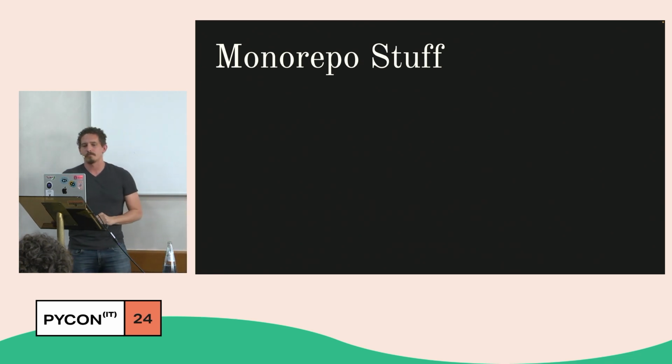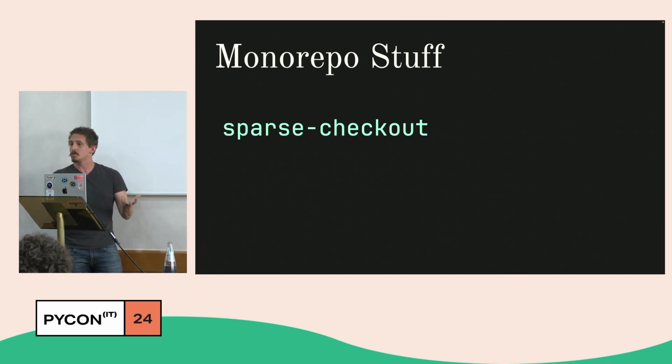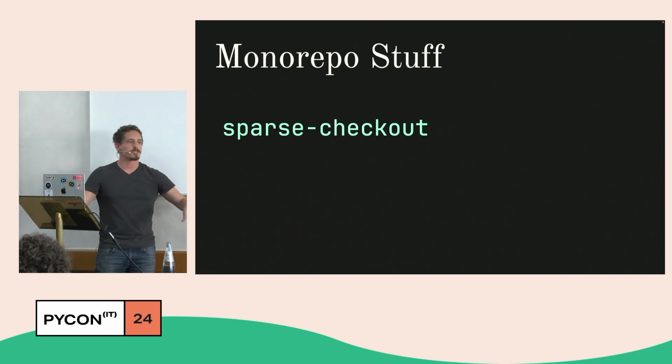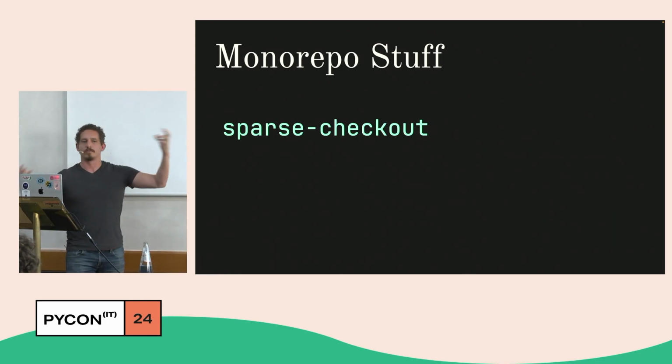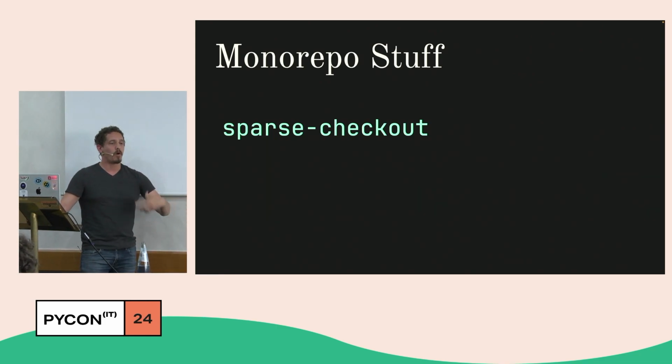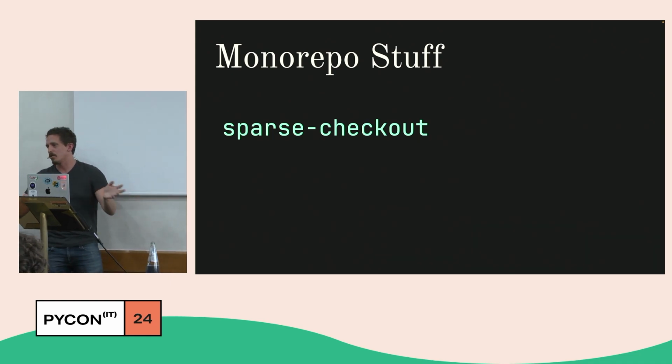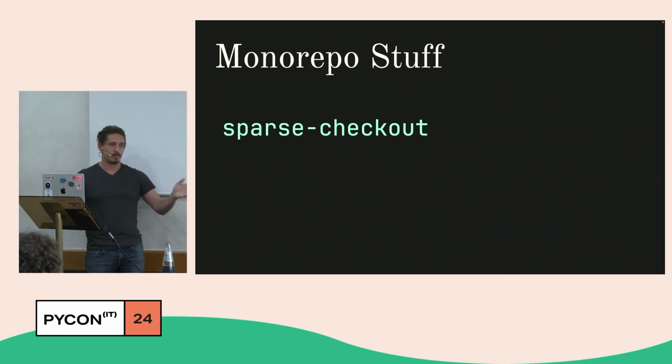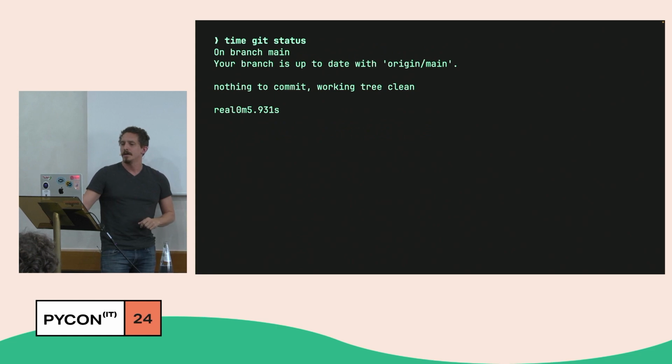And then the last thing from big repo is monorepo stuff. So if you use a monorepo, which is having all your projects in one repository, there's a sparse checkout that you can use to say just check out these 2 subdirectories of this large project or something like that, and then your statuses and your commits, everything's faster because you're working with fewer files, right?